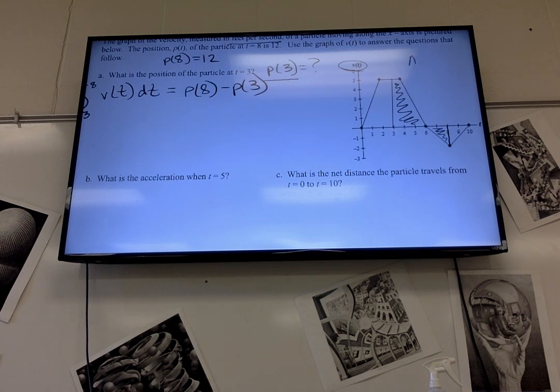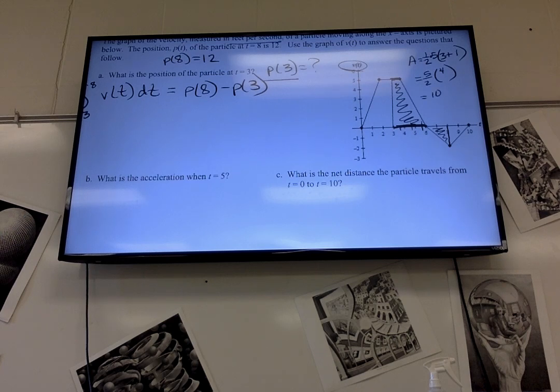So the area of a trapezoid is 1/2 times the height, which is 5, times the bases added together. The bases are 1 and 3, so 3 to 8 equals 10. So that's 5 over 2 times 4, which is 10. Yes.